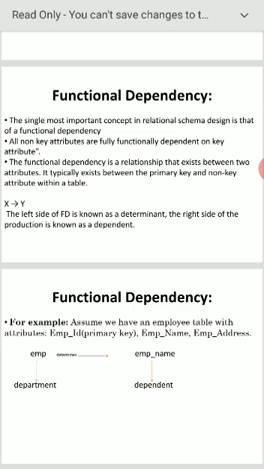For example, assume you have an employee table with attributes. Already I have given the employee table. Employee ID is there, employee name, and so on. Here we can say that employee name is functionally dependent on employee ID. Employee ID is unique and it is a key, the primary key.